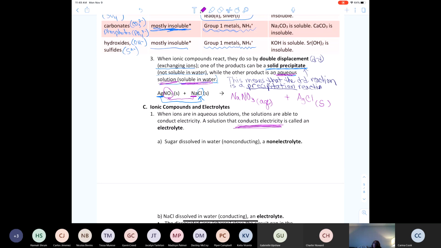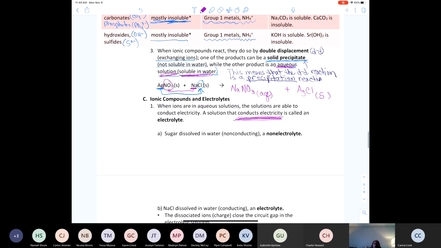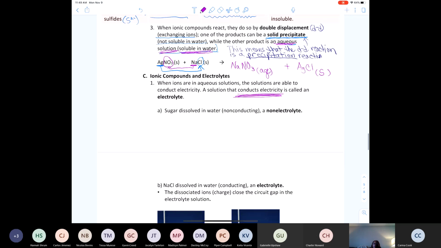So in order for that solution to be able to conduct electricity, it has to have free ions in that solution. If you dissolve sugar in water, that's going to be a non-conducting solution because a sugar solution is a non-electrolyte. So it does not conduct electricity.